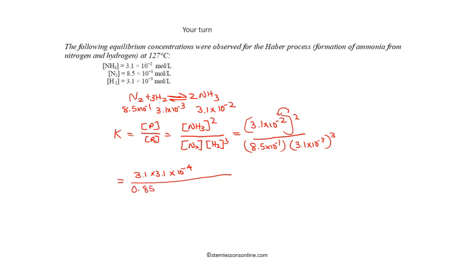means it is 0.85 times, I have 3 times 3.1 because it is to the power 3, and 10 to the power 3 times 3 is 9. So I can actually cancel 3.1, 3.1, 3.1 and 3.1, that equals 10 to the power negative 4 divided by 0.85 times 3.1 times 10 to the power negative 9.